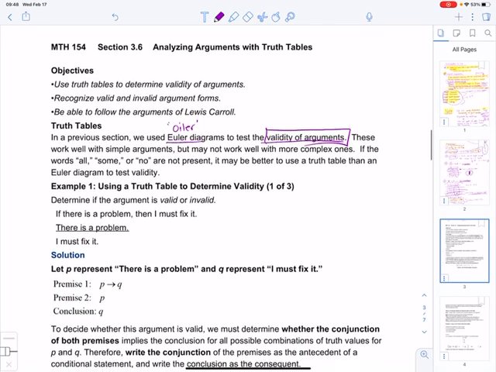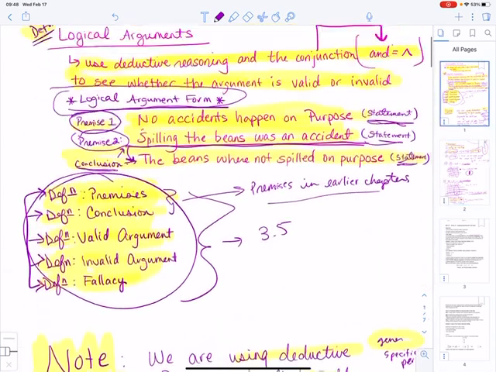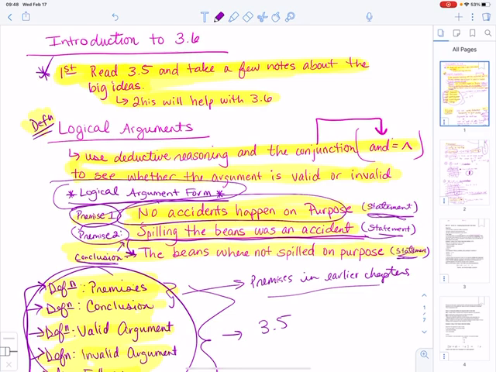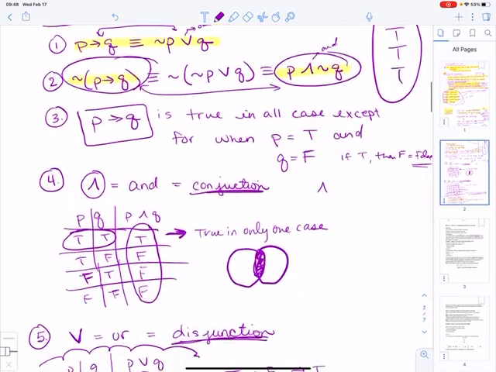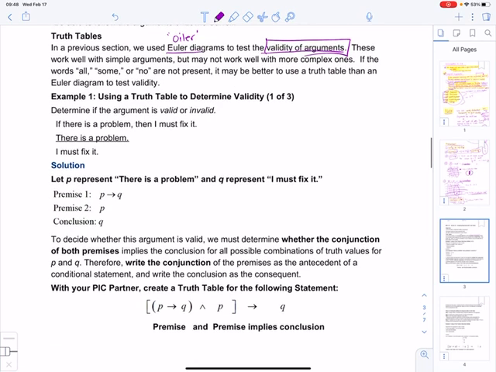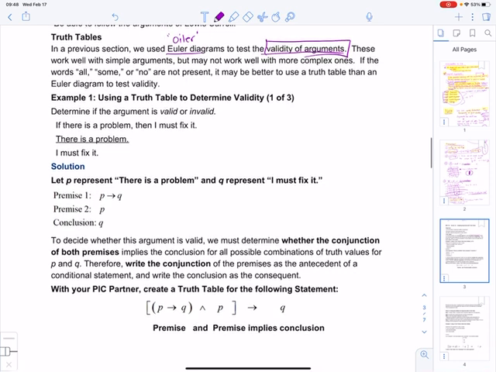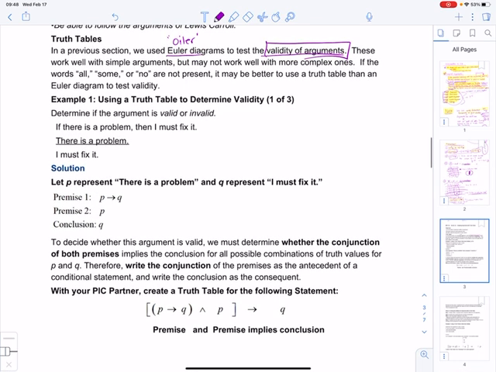Euler works in really simple cases like these one-sentence statements that don't have if and then, but truth values can work in all cases. So that's why I preferred to teach this. I felt like it might have been a little bit redundant, but it's kind of a cool idea. And also I've noticed that students get a little bit bogged down with the wording with these, so I wanted to make sure that no one was getting bogged down. All right, so let's go into this a little bit further.